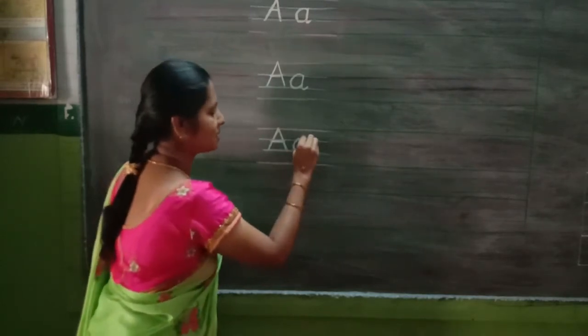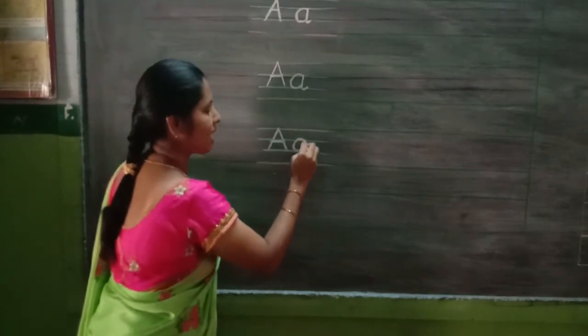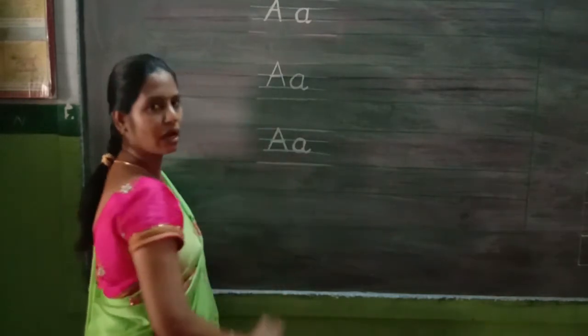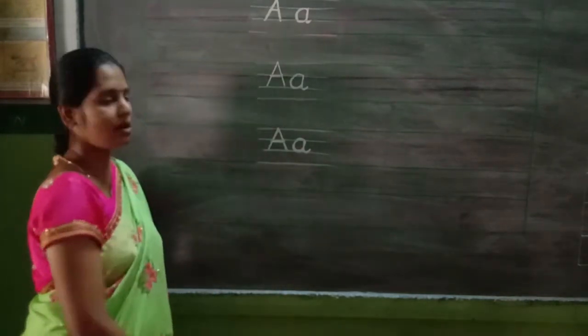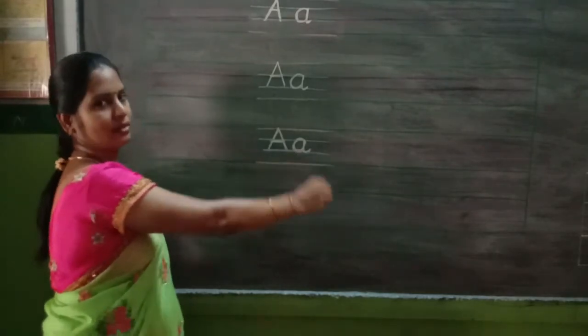Curve and a line. Put a curve and a standing line. So this is your mama letter A and baby letter A.